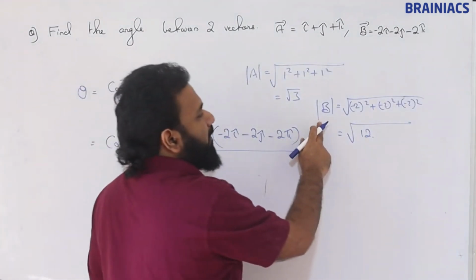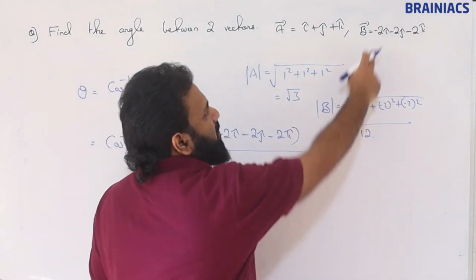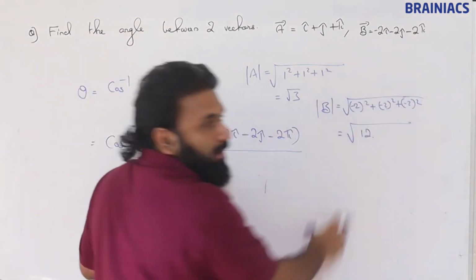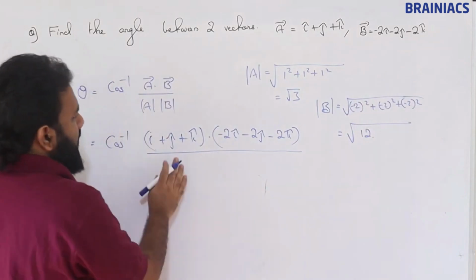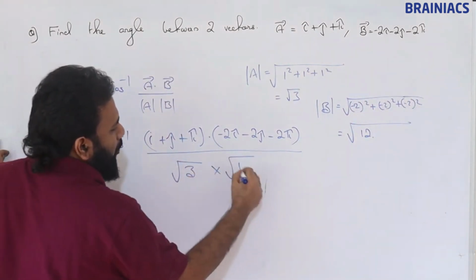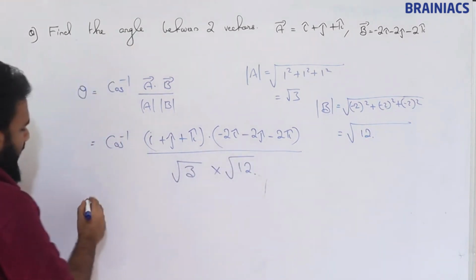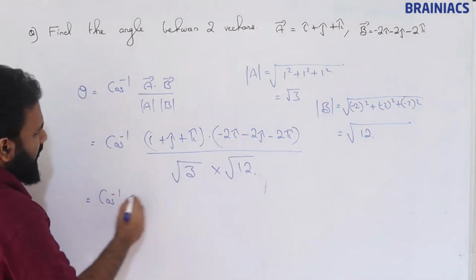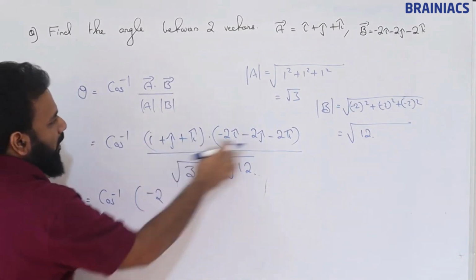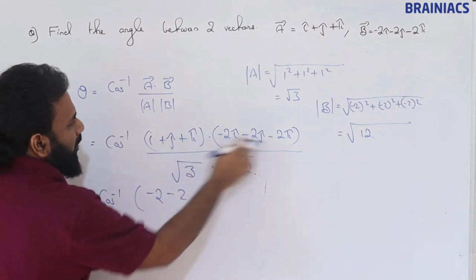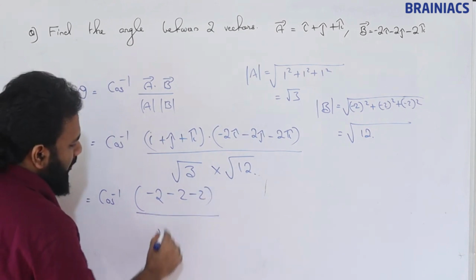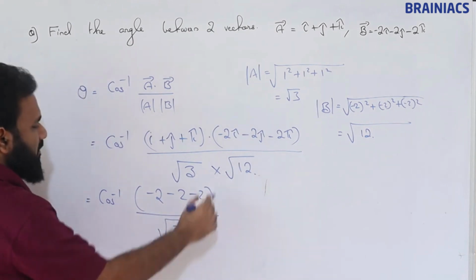So magnitude of vector B is root of 2 whole square plus minus 2 whole square plus minus 2 whole square, we will be getting root 12. So here A into B, so 3 into root 12. Right. So cos inverse of 1 into 2, 2, 1 into minus 2 again minus 2, 1 into minus 2 again minus 2, divided by root 36.